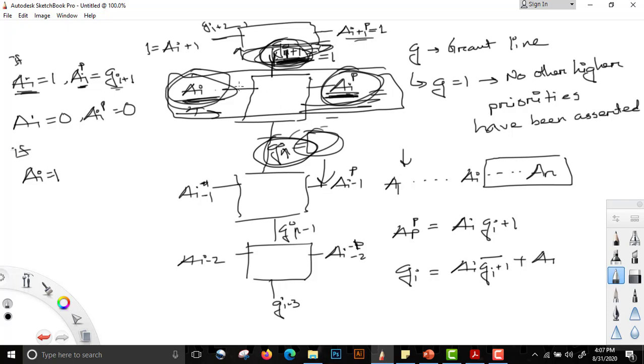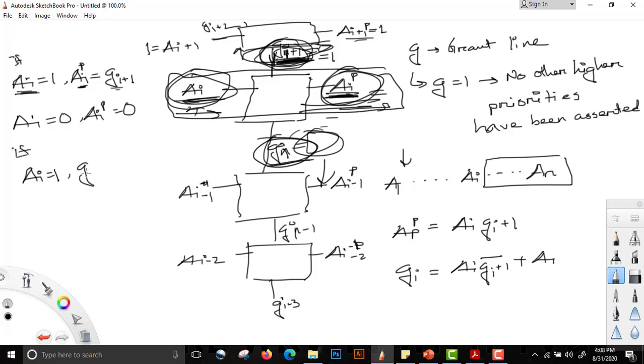AI equal to 1 will indicate that either in this block output AIP has become equal to 1, or in the previous blocks output AI plus 1p or AI plus 2p or anything in the higher priority has become 1, because of which AIP has not become 1. So in any case, if AI is equal to 1, it will indicate that any of the priorities, be it ith level priority or I plus 1th level priority or I plus 2th level priority, any one of those has been asserted. If any one of those has been asserted, then what will be the value of G?